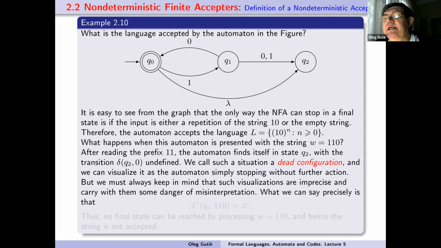What we can say precisely is that delta star of Q0, 1, 1, 0 is equal to the empty set. Thus, no final state can be reached by processing the string 1, 1, 0, and hence the string is not accepted.